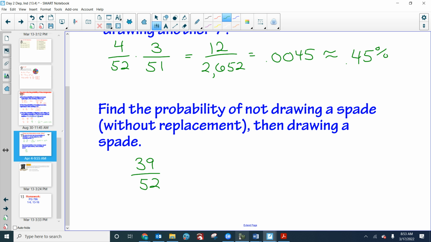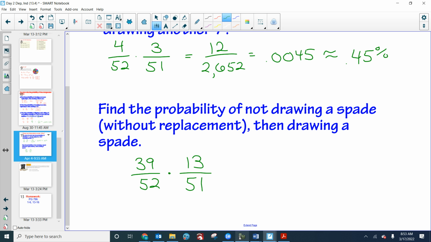Now, what's the probability of the second draw? Well, we're drawing a spade. How many spades are in there? 13. Do you guys agree? 13 spades. Yes. Not getting much feedback. Thank you for those who did. Out of 51, because we didn't replace the card, right? 13 times 13 out of 51.